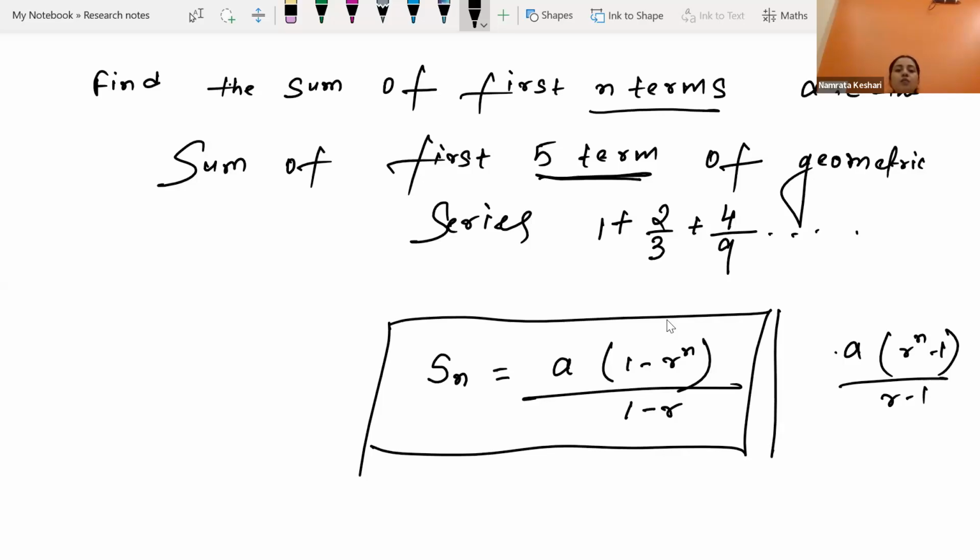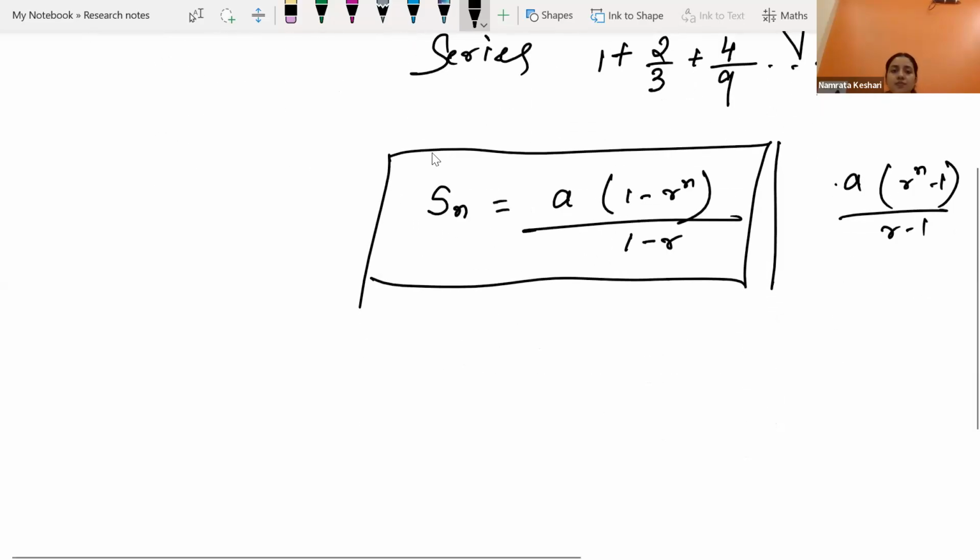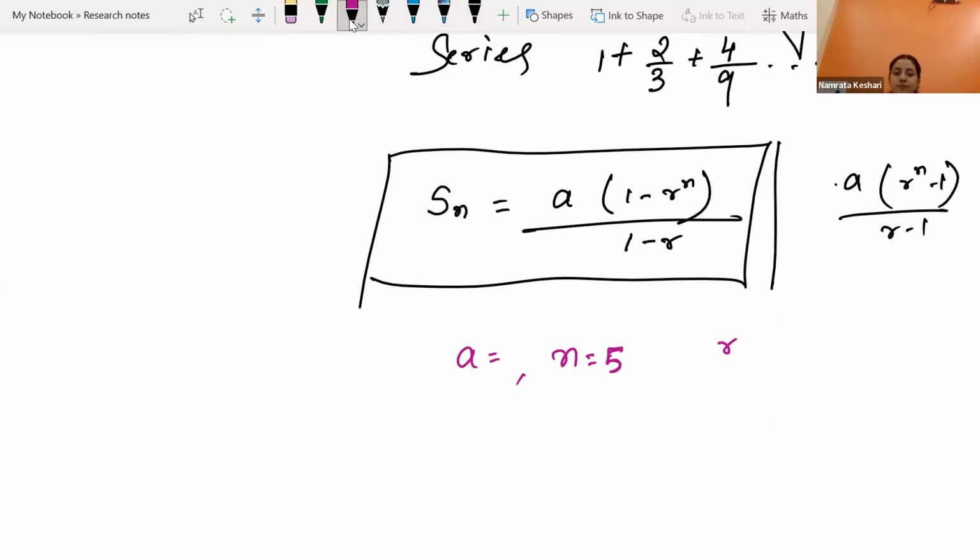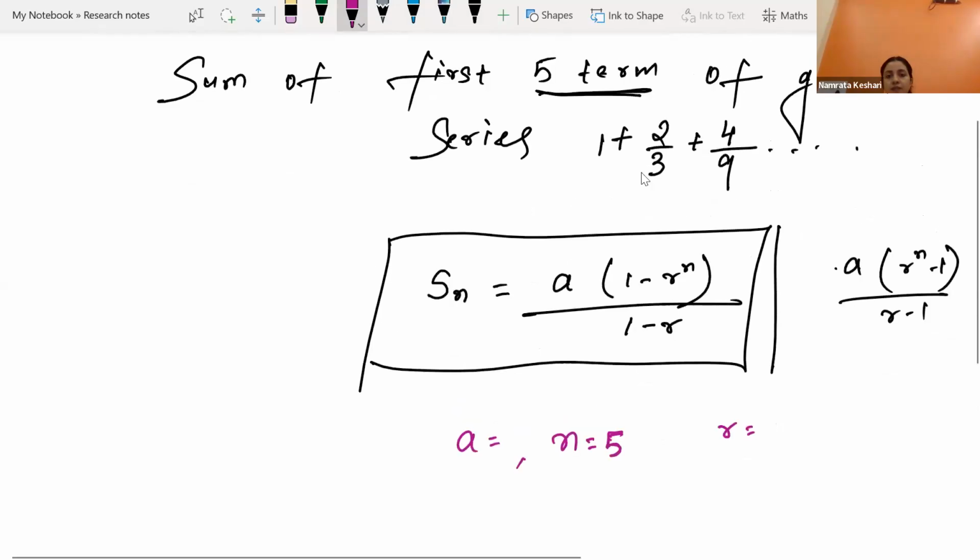What is a? What is r? n is 5. Please tell me, Ali and Alina, what is a over here and what is r over here? In this sequence, what is a? What is r?